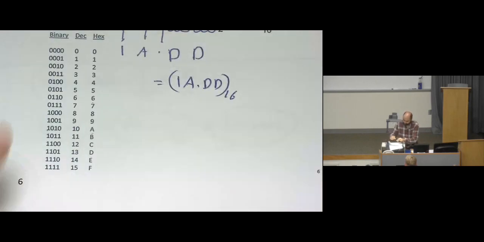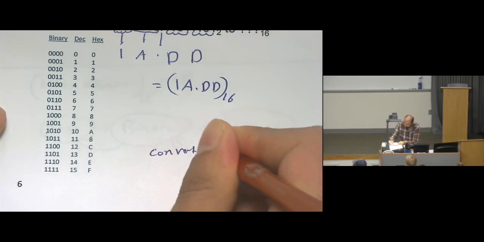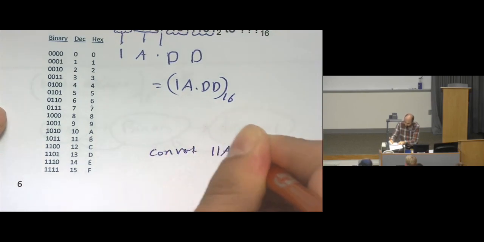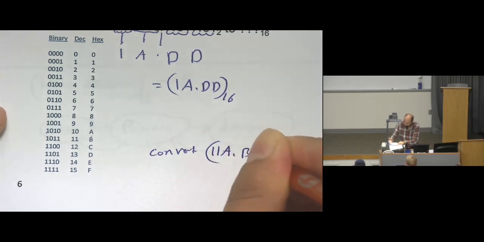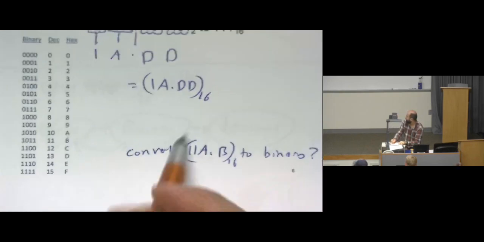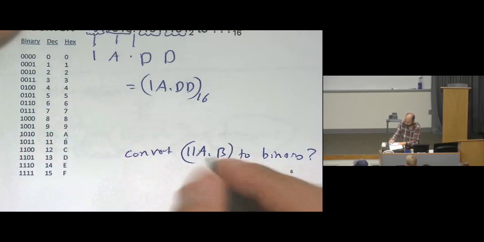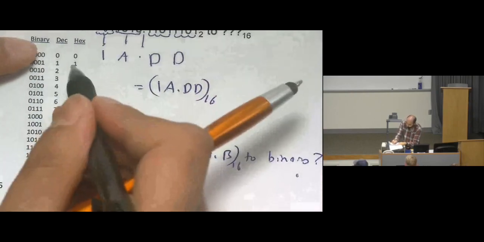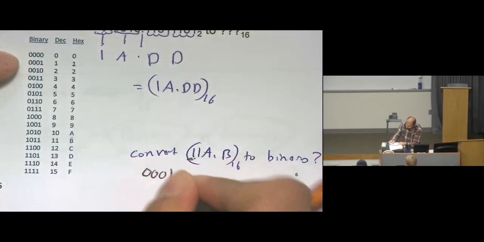How about another example? Convert 11A point B to binary. This is base 16. Let's do the opposite. Let's start with the first one. 1 in hexadecimal is equivalent to three zeros and 1, so write 0001.